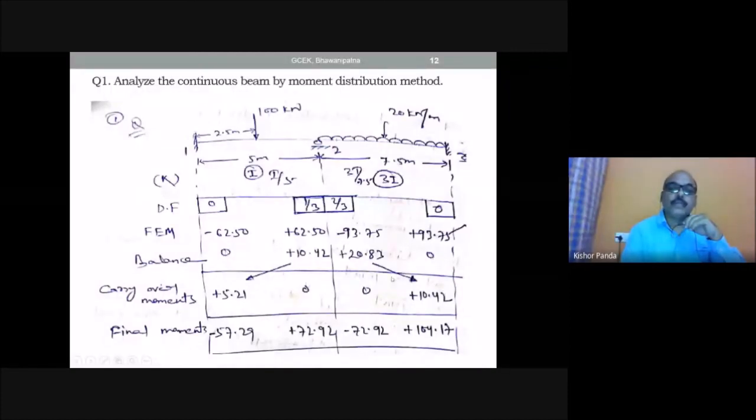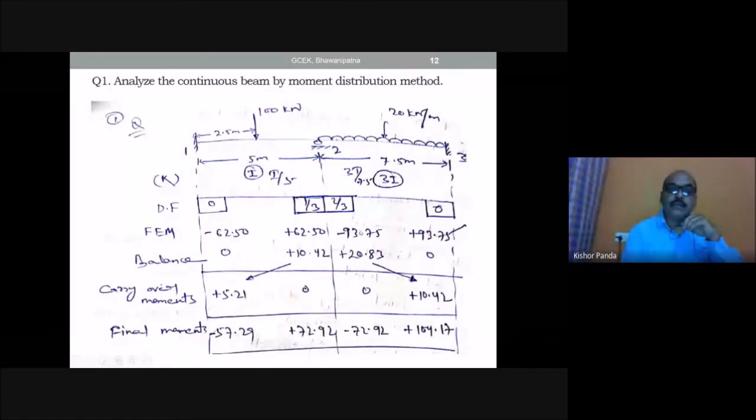After taking this carryover moment, there is no iterative process to proceed further. So what you have to do is add these two moments, minus 62.5 plus 5.21. This is the final moment. Then here, the final moment is 62.5 plus 10.42, and here minus 93.75 plus 23.